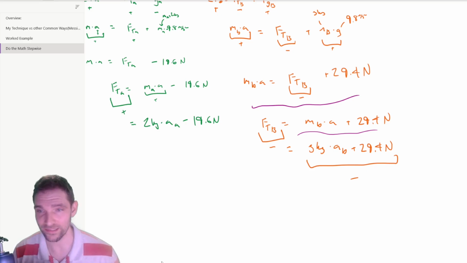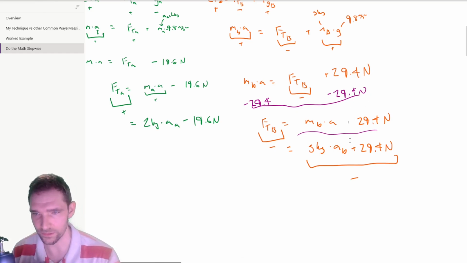It should be minus 29.4. This was a positive value here, but we're subtracting it on the other side. So you're subtracting the 29.4 newtons from both sides, leaving you with that negative 29.4, not positive.